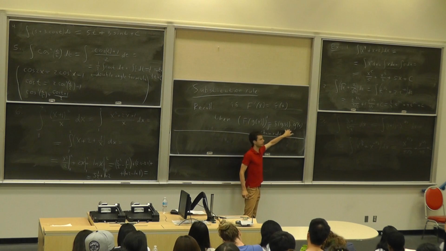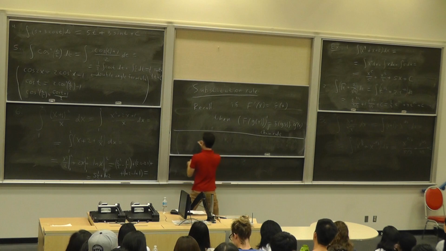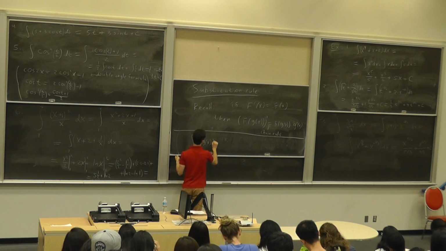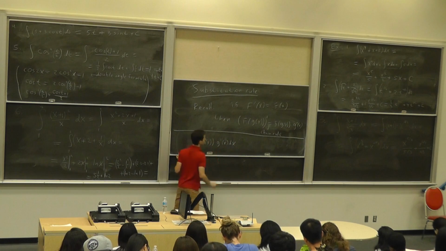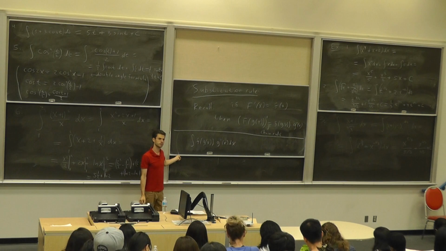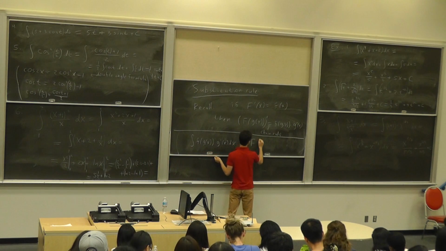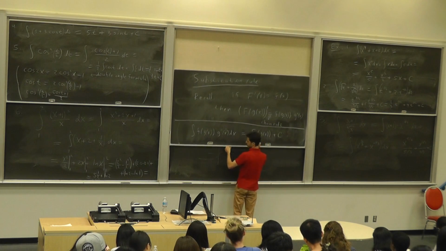What kind of information? If I want to integrate this function, if I want to find the antiderivative of f of g of x times g prime of x dx, what is it going to be? Well, it's going to be basically F of g of x plus a constant.